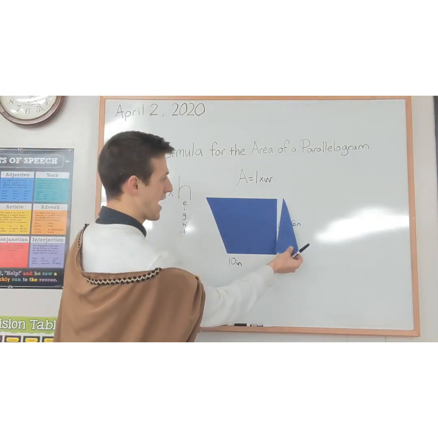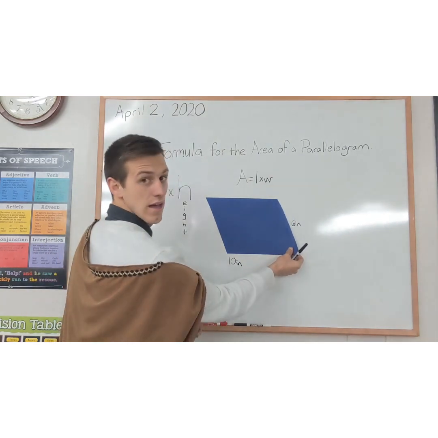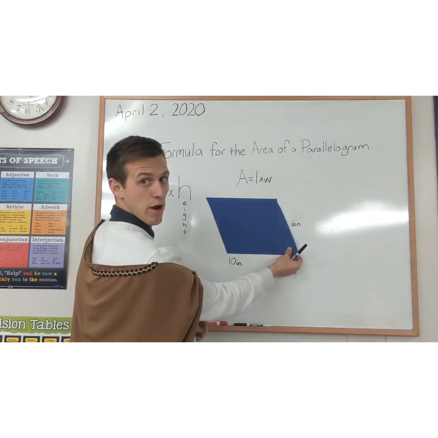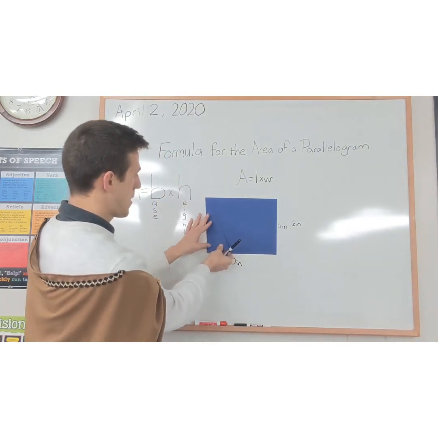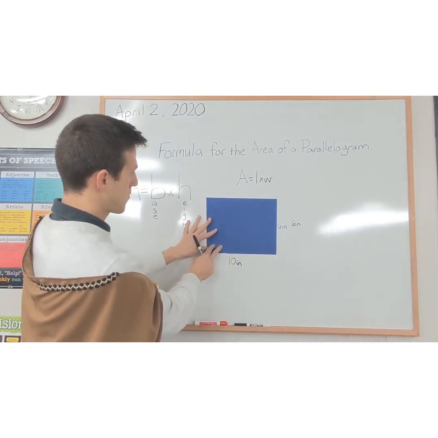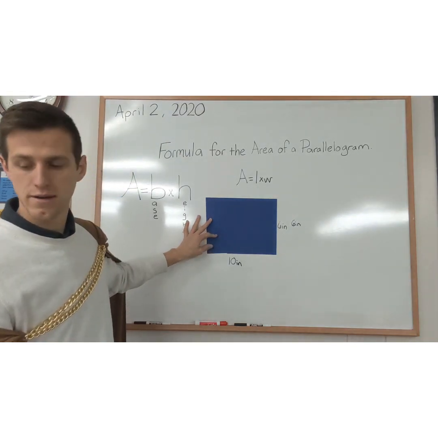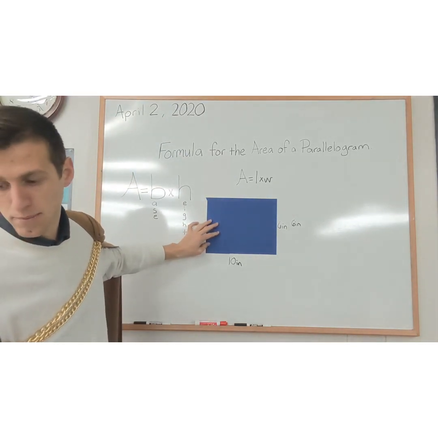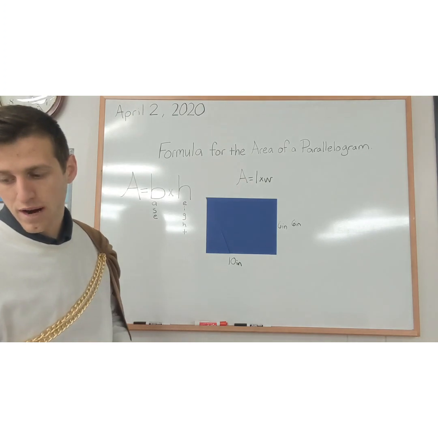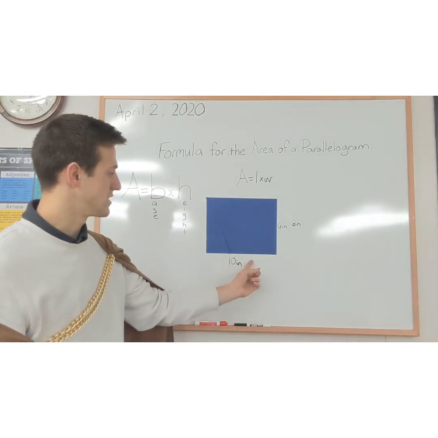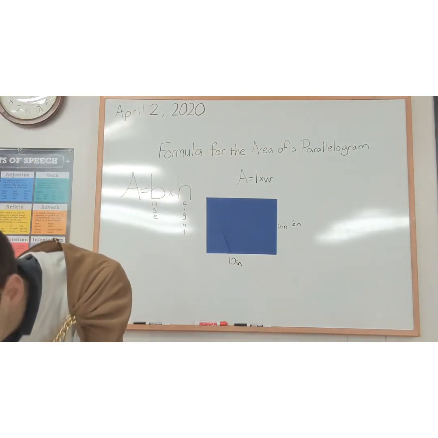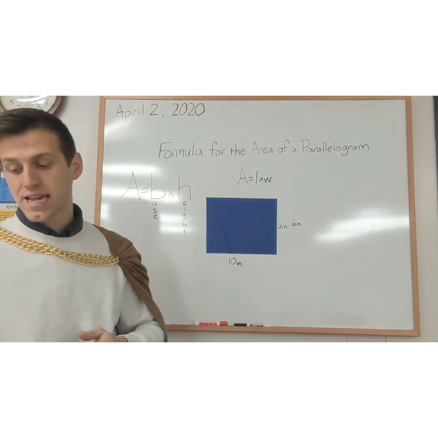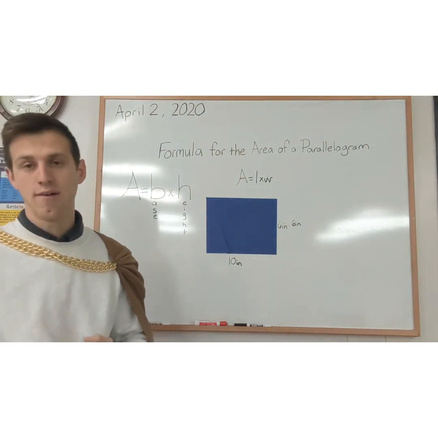So notice I had it over here, and it's our parallelogram, right? Right there. But if we cut off this half, and put it right over here, notice we have a perfect rectangle, all right? It will become a square or rectangle. The length of the rectangle down here is the same as our base of our parallelogram. The width of the rectangle is the same as the height of the parallelogram.